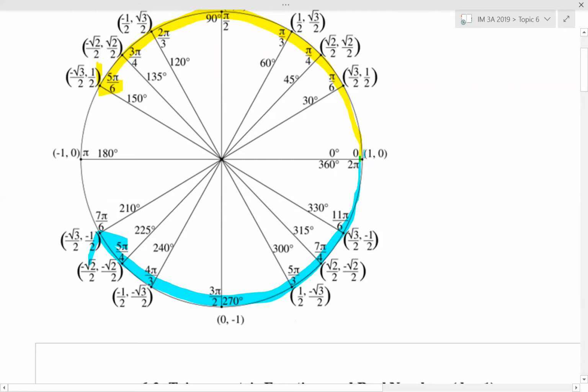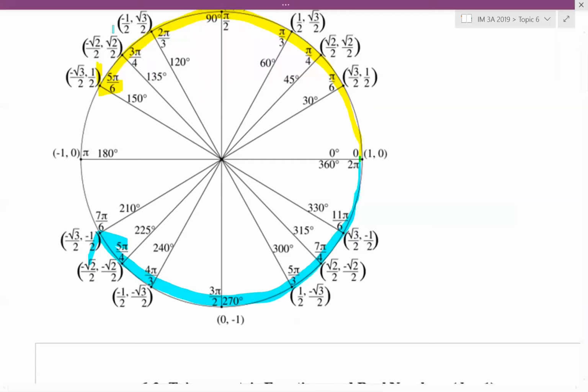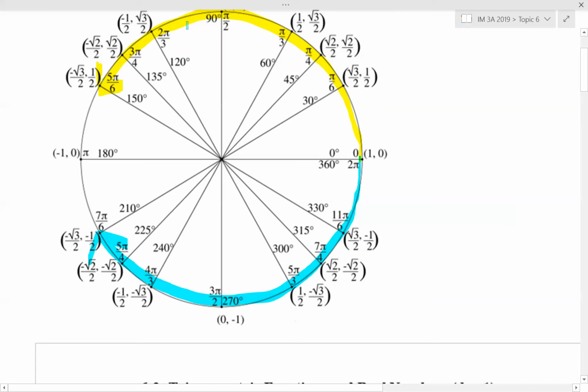So I'm checking where positive 5 pi over 6 is. I went a full 90 degrees, and then I went almost to 180. So I went another, what is that, 75 degrees. I'm sorry, that's another 60 degrees.